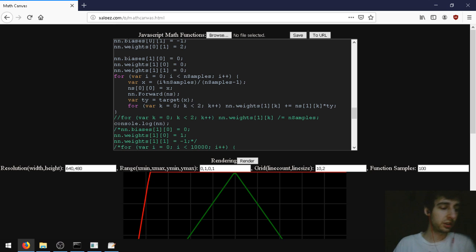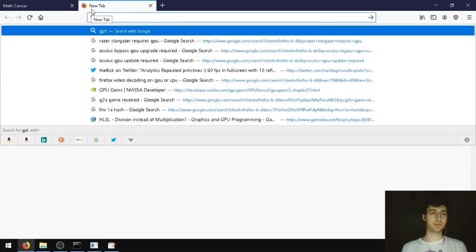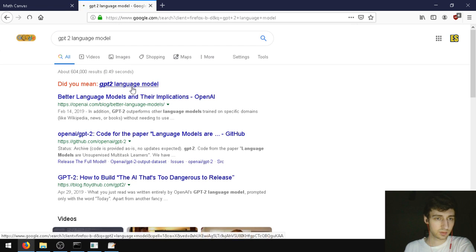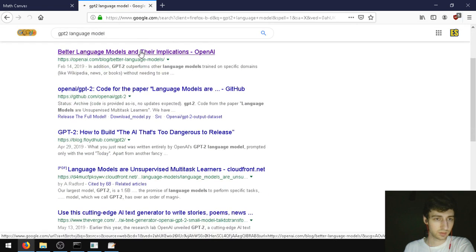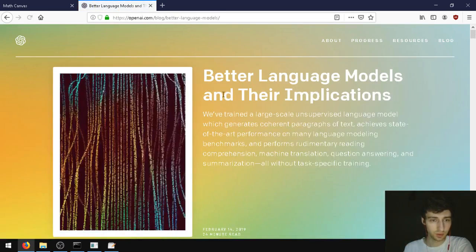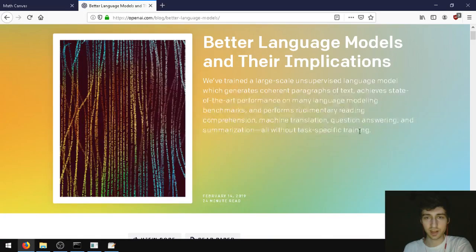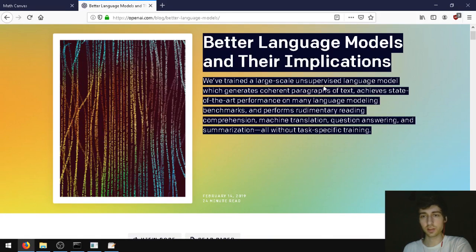The big GPT-2 language model. Nope. Ooh. We've trained, oh man, this text is horrible. We've trained a large-scale unsupervised language model which generates coherent paragraphs of text, achieves state-of-the-art performance on many language modeling benchmarks, and performs rudimentary reading comprehension, machine translation, question answering, summarization, all without task-specific training.